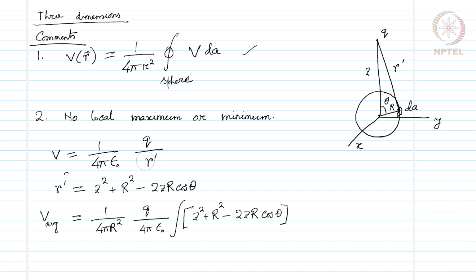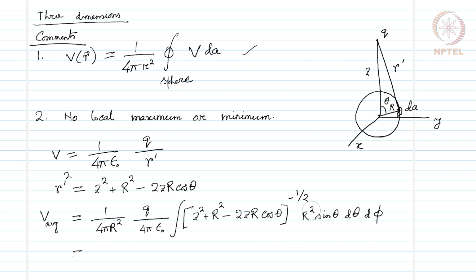Oh, here I had a square, I missed it. Square root of this quantity, that is power, it is 1 over square root of this quantity, powered minus half, and we have to multiply it with the surface element, that is r squared sin theta d theta d phi.